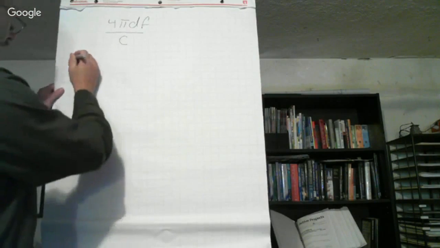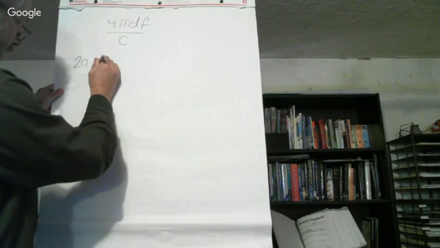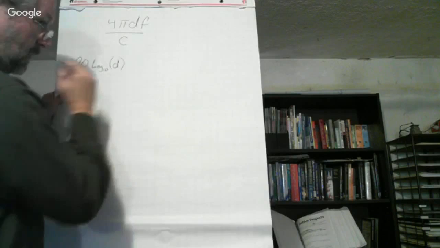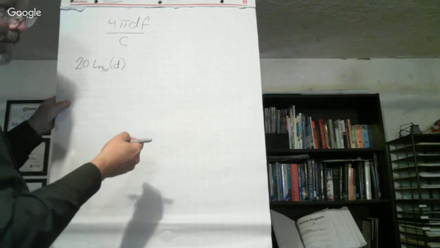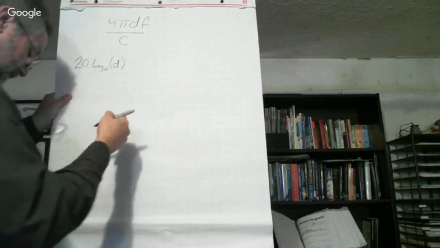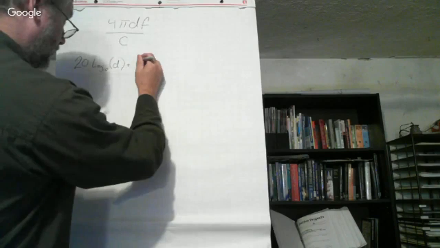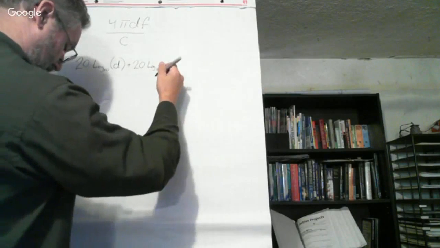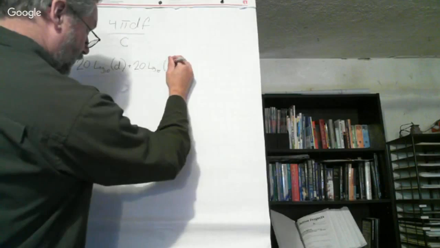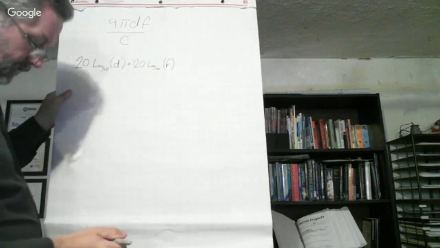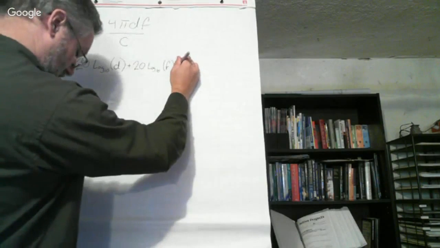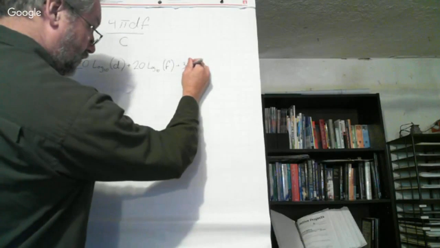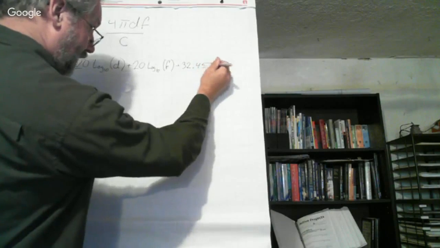So, without further ado, it is 20 log 10 d, where d is the distance that we developed in kilometers, the distance to the target, plus 20 log 10 of the frequency measured again in megahertz, plus the standard figure of 32.45.